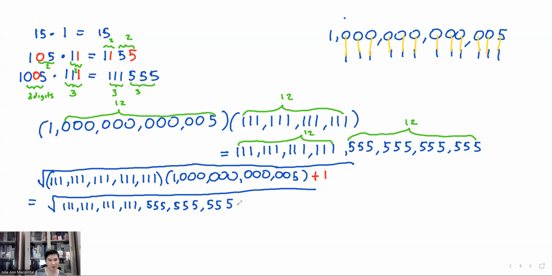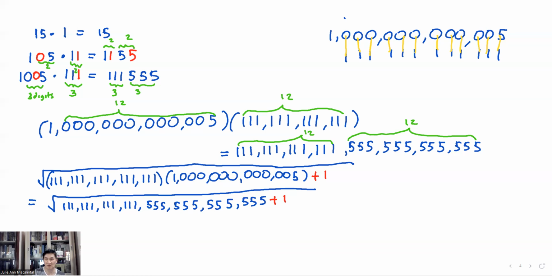Yes, so without ever using a calculator, I'm able to get the product plus 1. The last digit will become 6, correct?